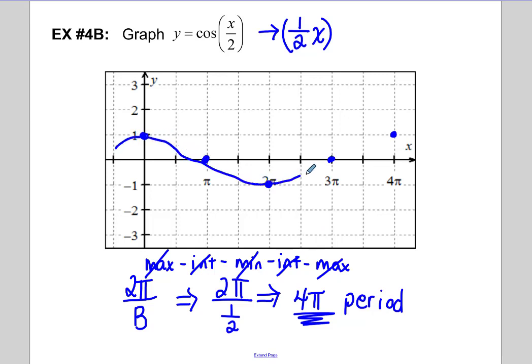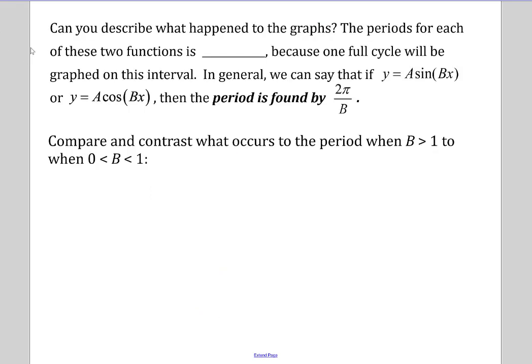Oh yeah, that's hard to do with my smartboard. But it goes something like that, continuing on forever. So summarizing period, you can describe what happens to the graphs. The period for each of these two functions is 2 pi divided by b, because one full cycle will be graphed on this interval.